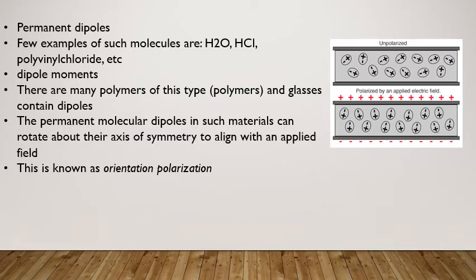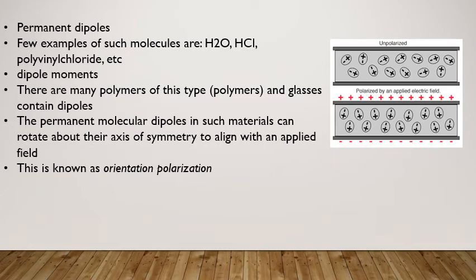So here are permanent dipoles in the absence of an electric field, and when the electric field is applied, the permanent dipoles align themselves. How do they align? Their negative pole is towards the positive plate and their positive pole is towards the negative plate. This is alignment, rotating about their axis of symmetry to align with the applied field.